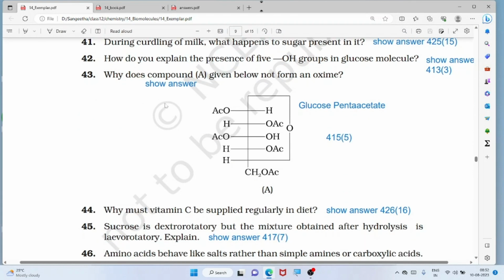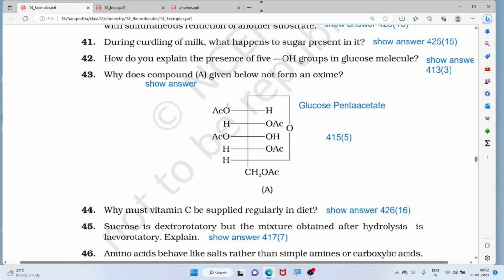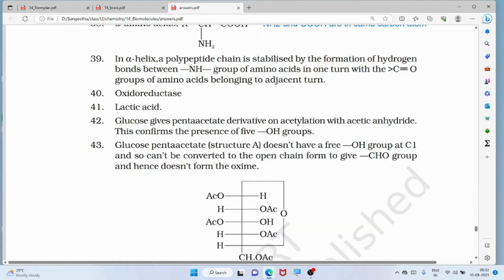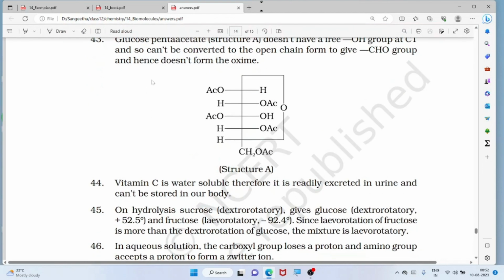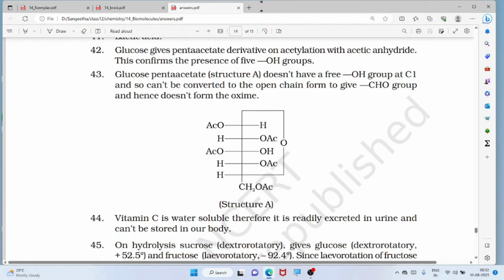Why does compound A given below not form the oxime? This is glucose pentaacetate. The glucose pentaacetate structure does not have a free OH group at carbon position 1, C1, so it cannot be converted into the open chain form.